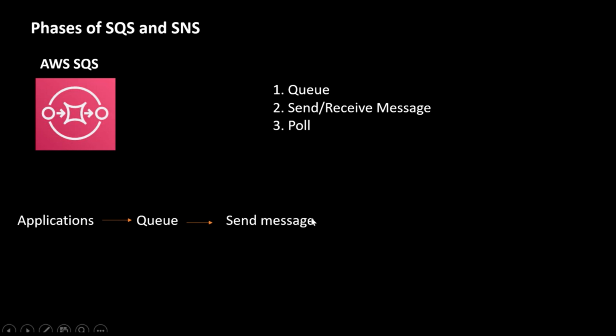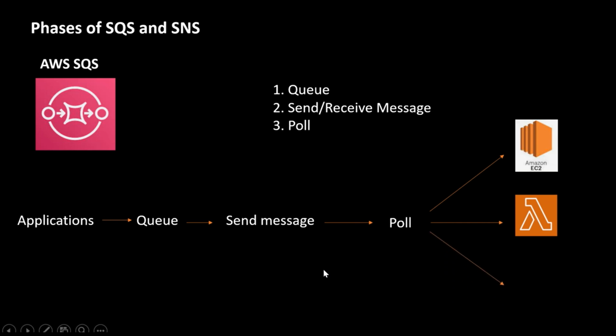After that the messages will be sent, and finally the messages will be polled by different services. It may be Amazon EC2, Lambda functions, or other Amazon services. So this is the overall flow: first the producer sends the message to the queue, and after that it is polled by different services, such as Amazon EC2, Lambda functions, and other Amazon Web Services. This is how the entire workflow of Amazon SQS works.